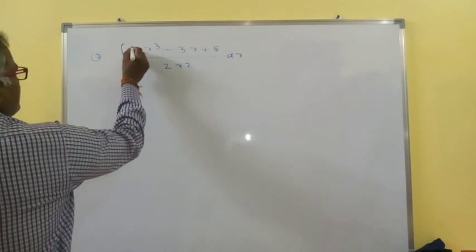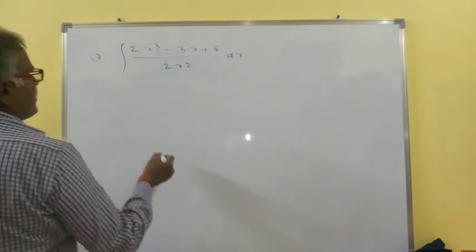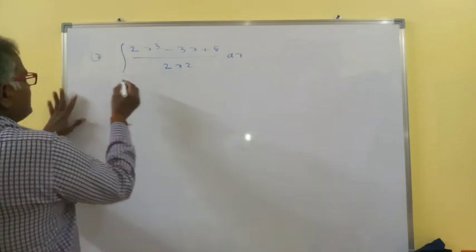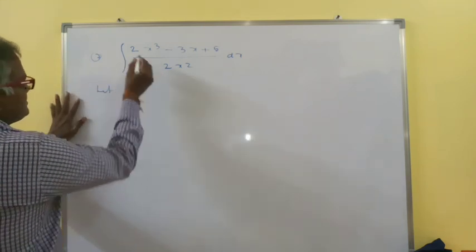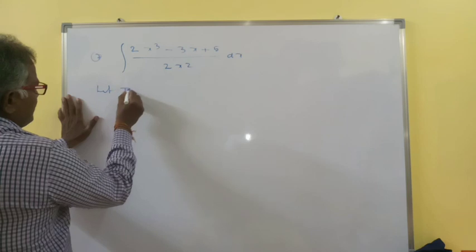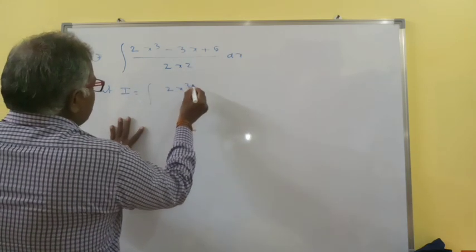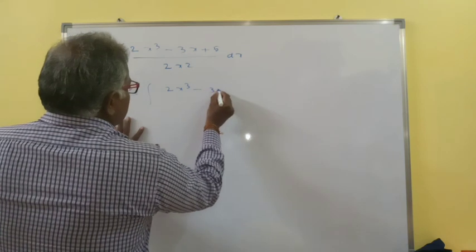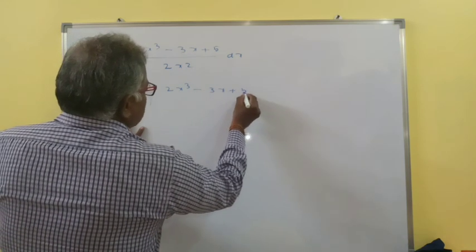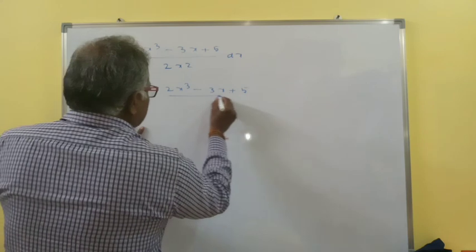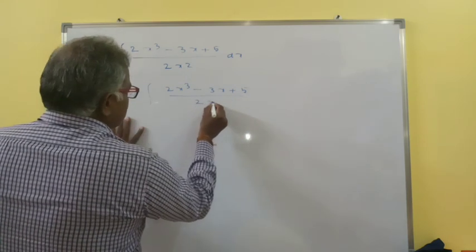Just what you have to do is simply separate each and every term. So let us assume I is equal to the integral of 2x cube minus 3x plus 5, divided by 2x square, dx.